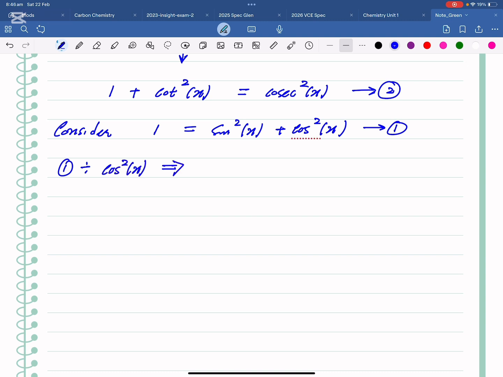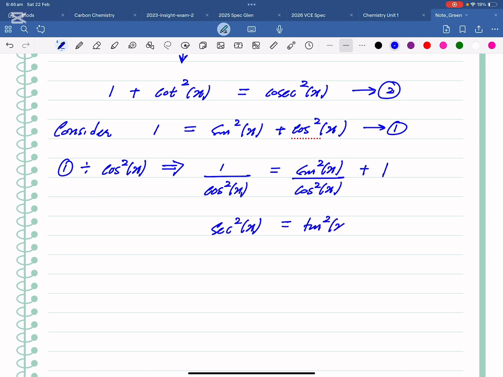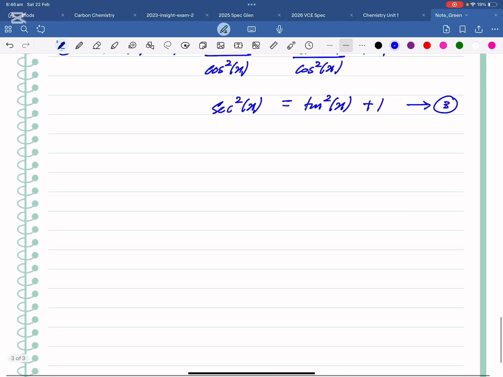If you do that, you should get 1 divided by cos squared x is equal to sin squared x divided by cos squared x plus 1. So 1 divided by cos squared x is sec squared x, equal to tan squared x plus 1. So this is our third identity.